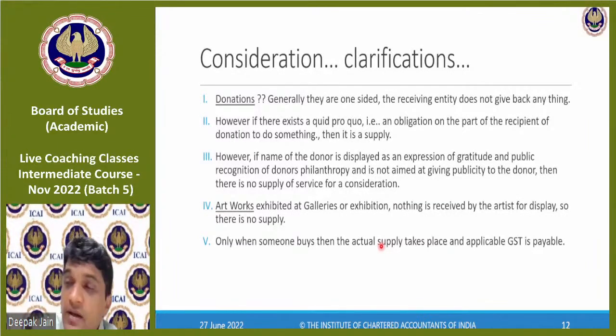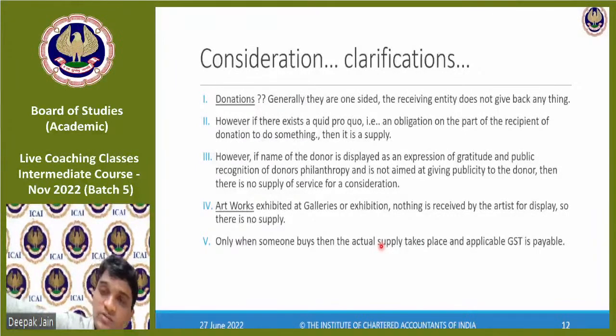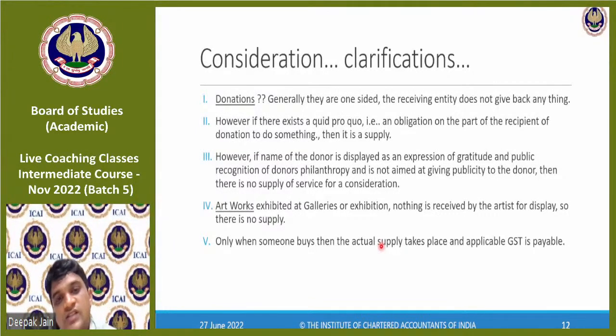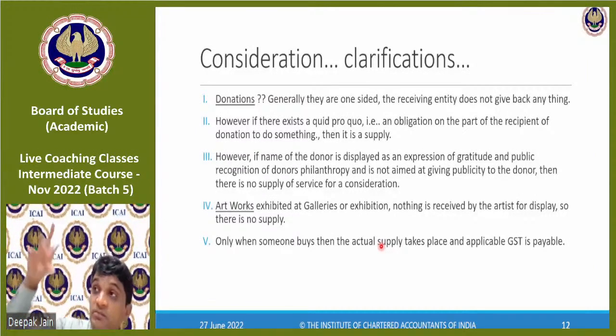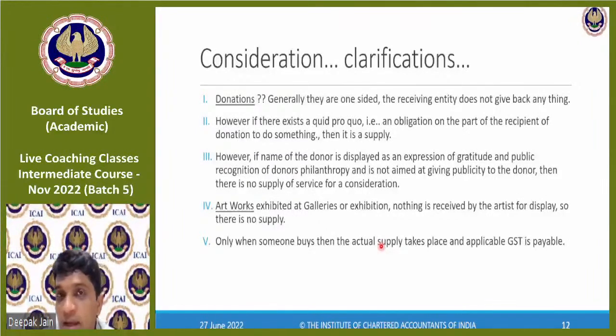But he just gives his artworks to an exhibition holder, and the exhibition holder displays them at the exhibition. Then there is nothing involved in it. There's no consideration involved, no supply, no GST. So when somebody buys at that exhibition, then there is a supply, and then GST is payable. So just display is not a supply, no GST is leviable.